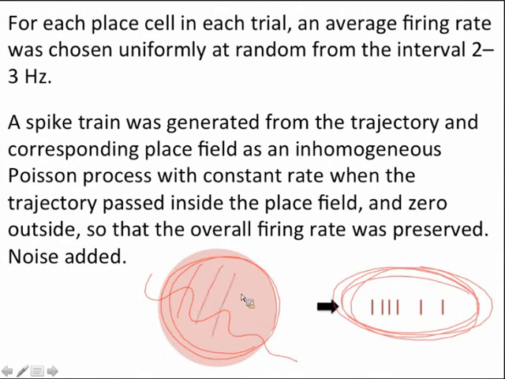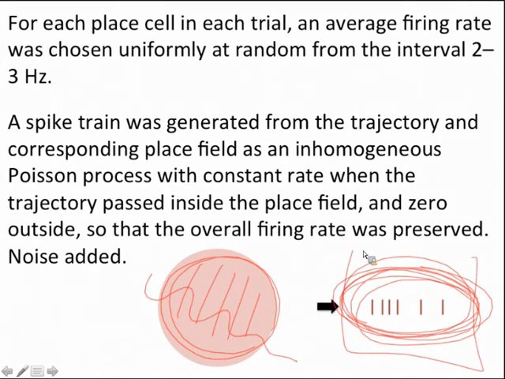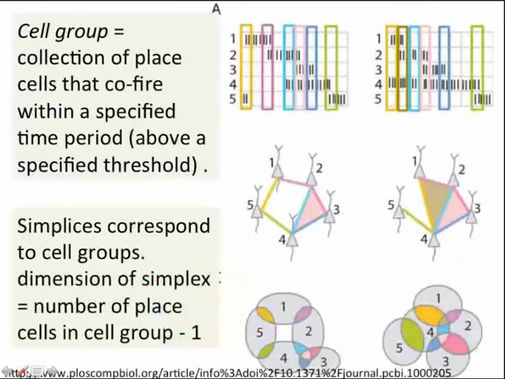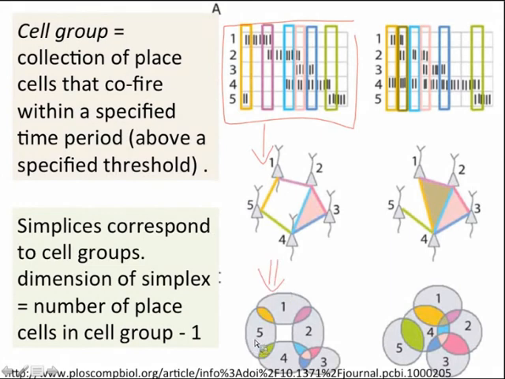So using randomly placed place fields, we outputted our spike train, but now we have our spike train data, and we want to look only at that. And so now we're back to this picture here. We now have our spike train data. We can now create our simplicial complex. We would expect that that would recover our topology, and it does.